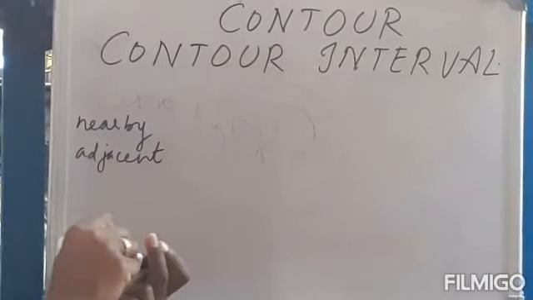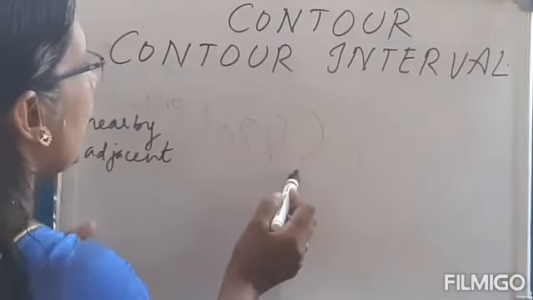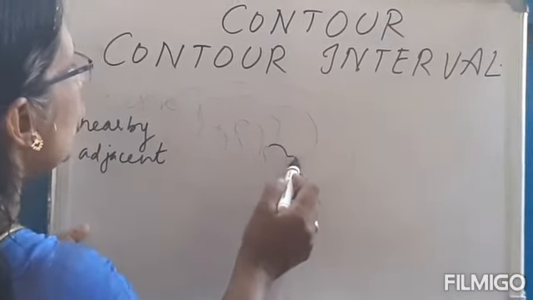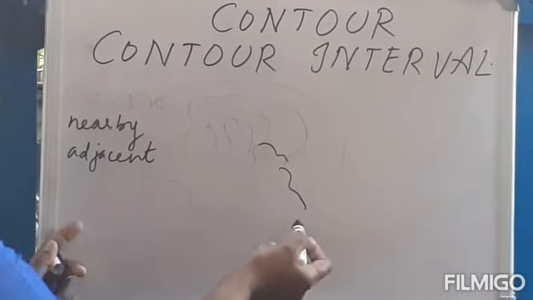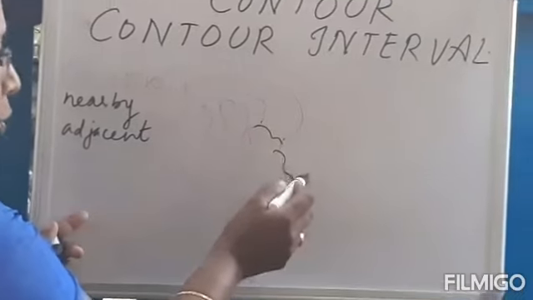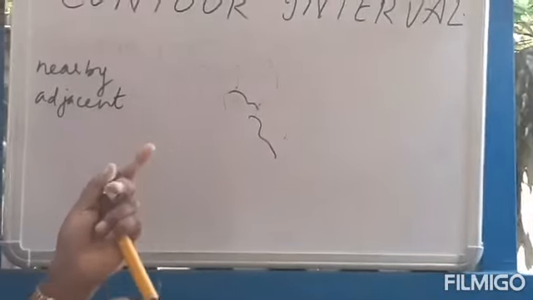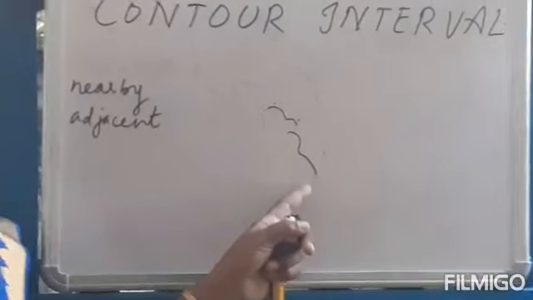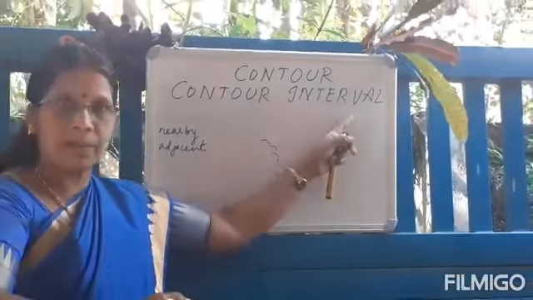The difference in height between two successive contours, between these two or between these two, any nearby contours, not between this and this. The difference in height between two successive contours is called contour interval.